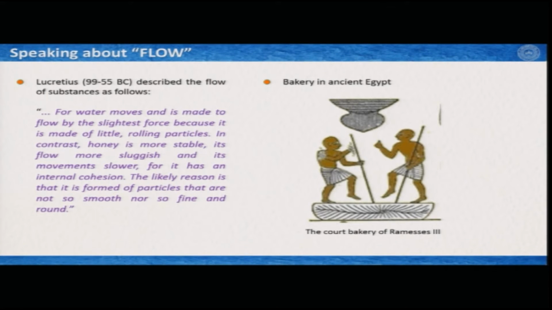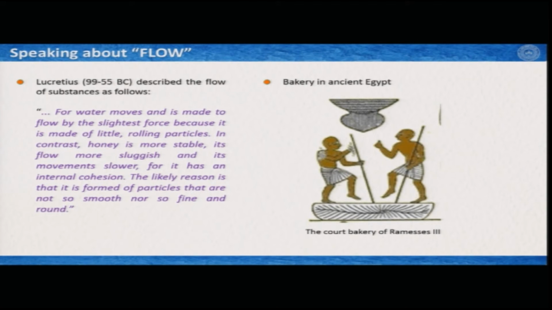The likely reason is that it is formed of particles that are not so smooth nor so fine and round. Now, he wrote this at around 99 to 55 BC. So, he wrote it a long time back, and one of the most famous journals of rheology, the Journal of Rheology, had an editorial on Lucretius, as one of the pioneers of rheological studies.